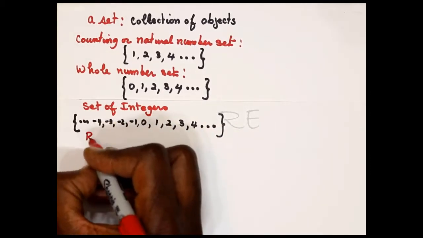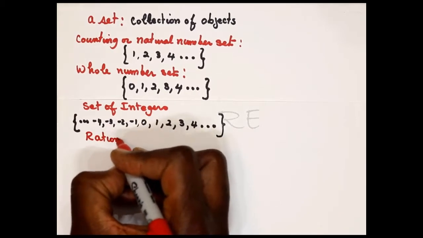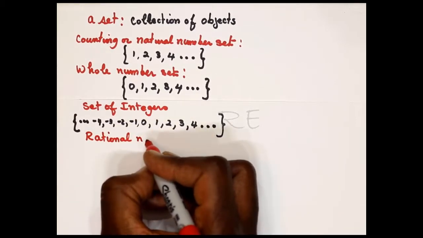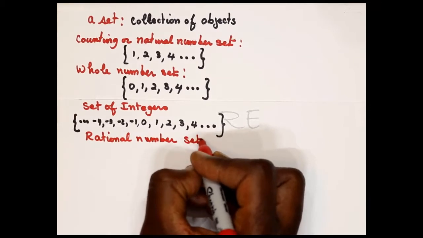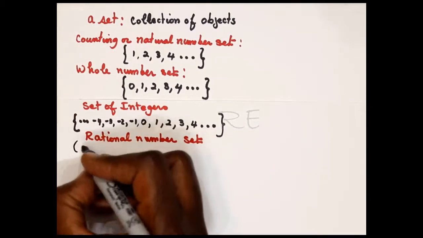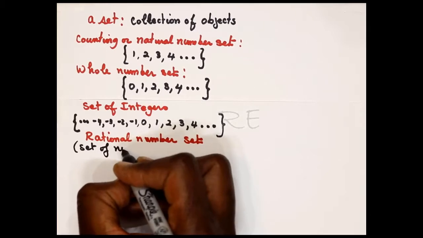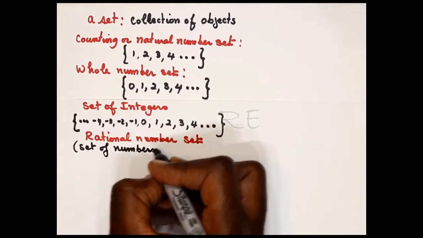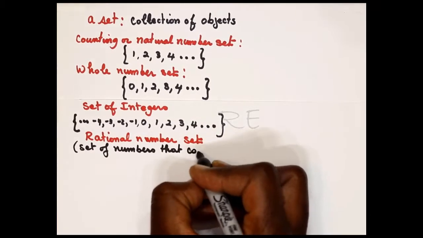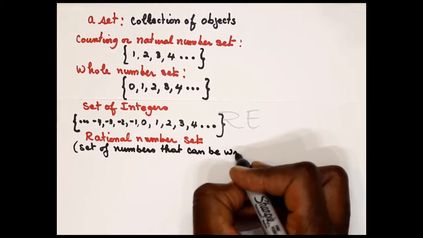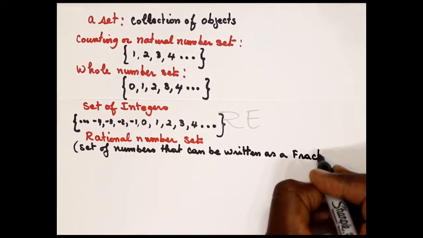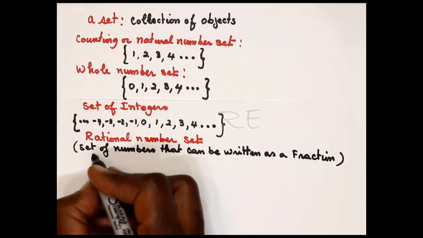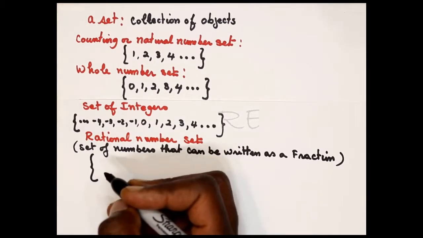Then we have the rational number set, numbers that can be written as fractions, right? So the set of numbers that can be written as fractions, and that set has so many elements. We said that the set is really dense, therefore we will just describe it.